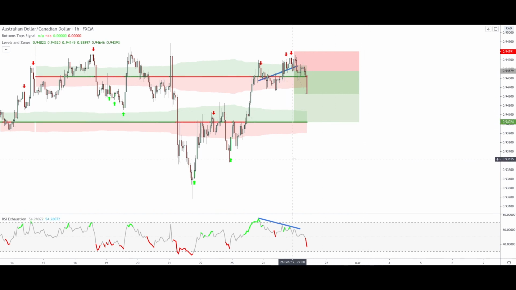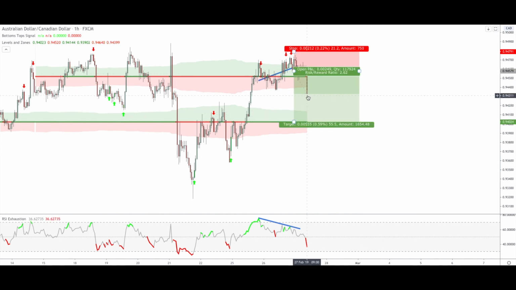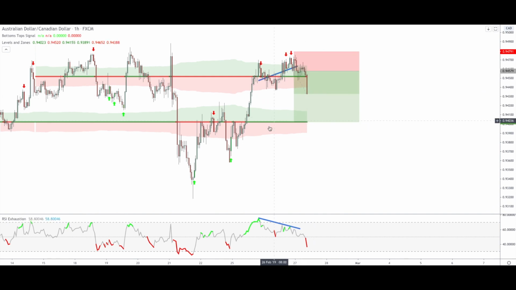So if our initial analysis was correct, now we are even more confident that we will ultimately reach the level, because when the price moves down, the chances that it will touch this support level down here are very, very high.